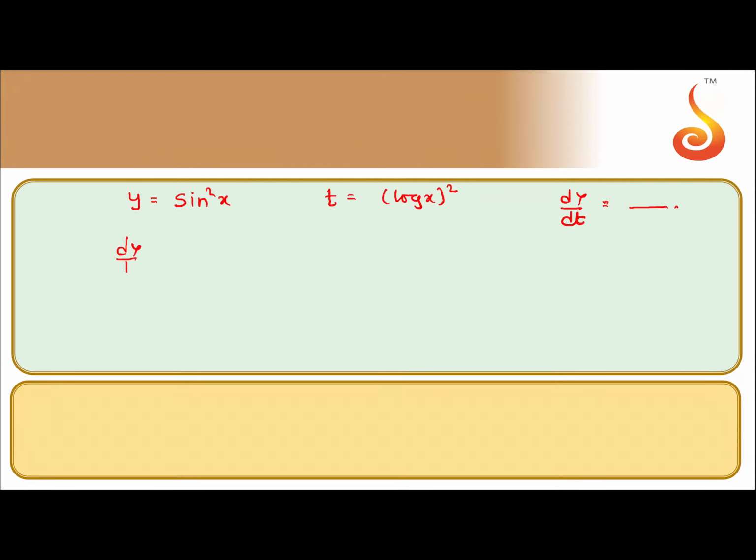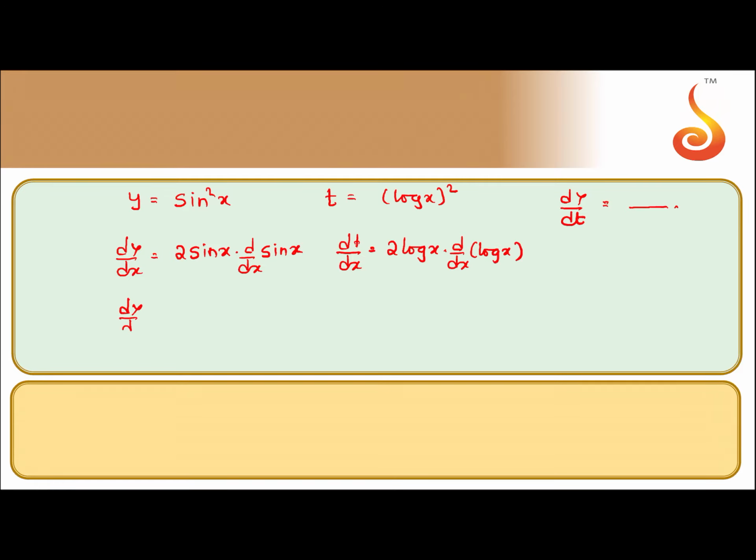Now, dy by dx will give you 2 sin x into the derivative of sin x, that is d by dx of sin x. Similarly, dt by dx will give you 2 log x into d by dx of log x, because you are differentiating with respect to x.